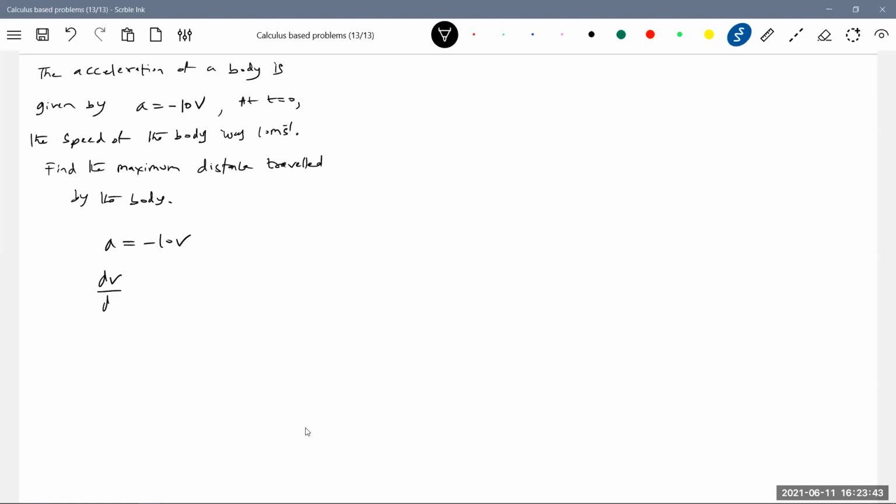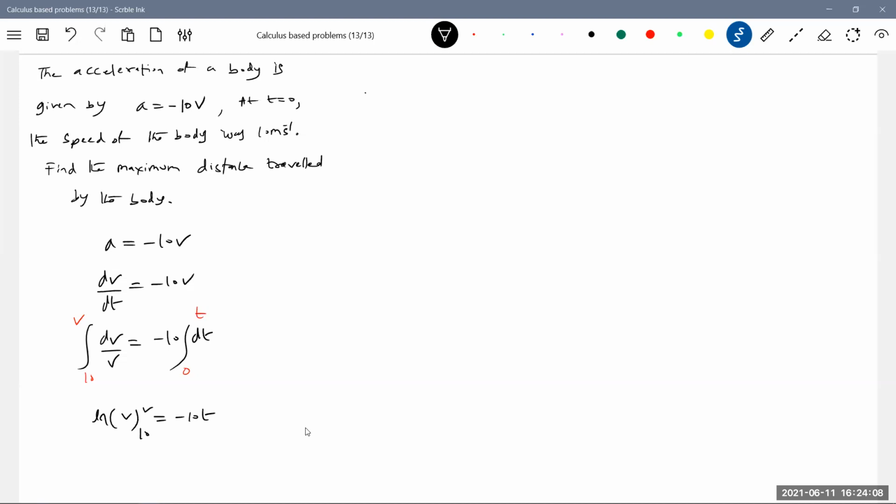So this dv by dt, I will write it: dv by v is equal to minus 10 dt. What are the limits given? At t equals 0, the speed of the object is 10. At any time t, let it be v. Then this will become log v, equal to minus 10t.